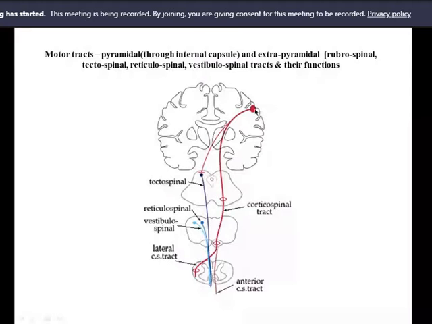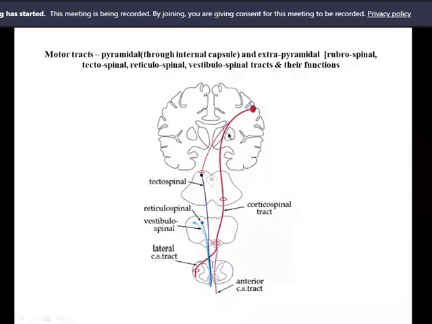Now please see this, if it is the thalamus and if it is the part of the basal ganglia, through that the pyramidal tract goes, and this portion is called internal capsule.